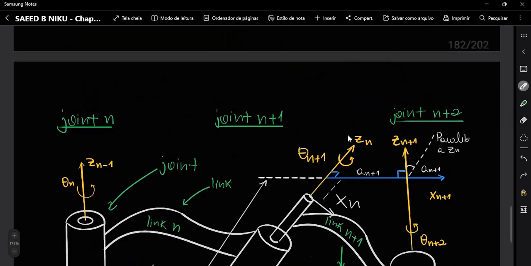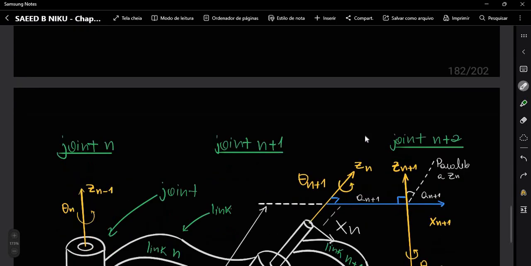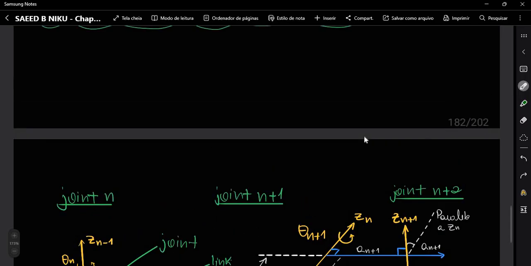So let's isolate this right here. This is xn plus 1, which is pointing in the same direction as this common normal.